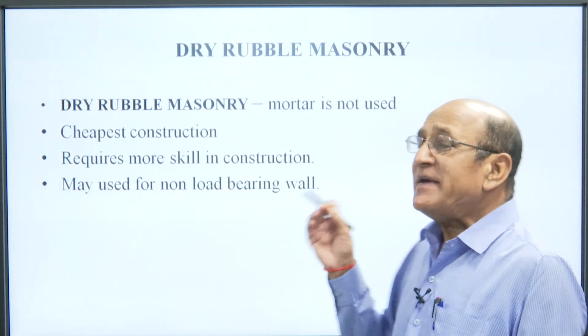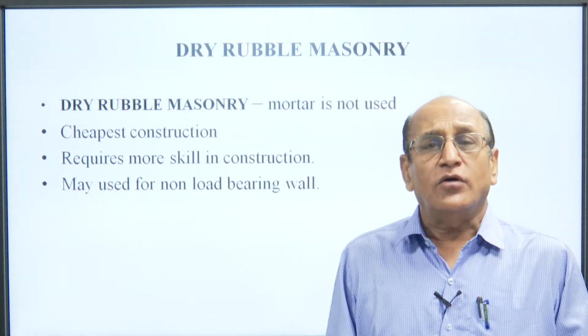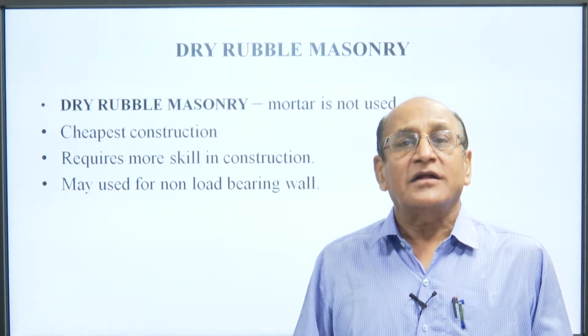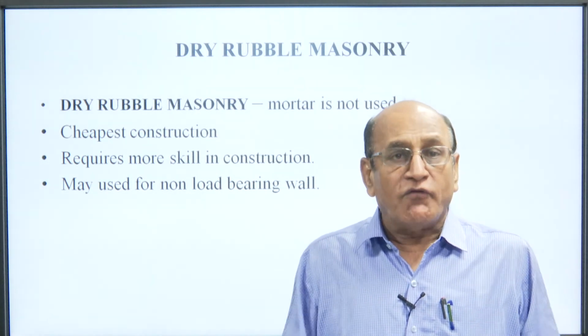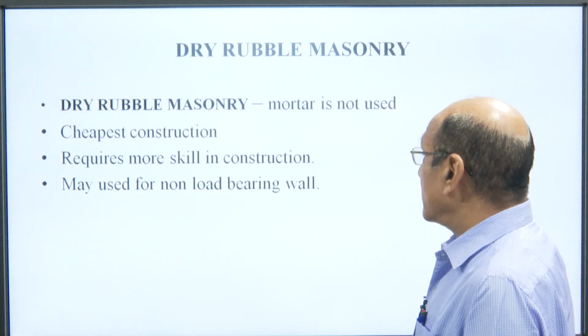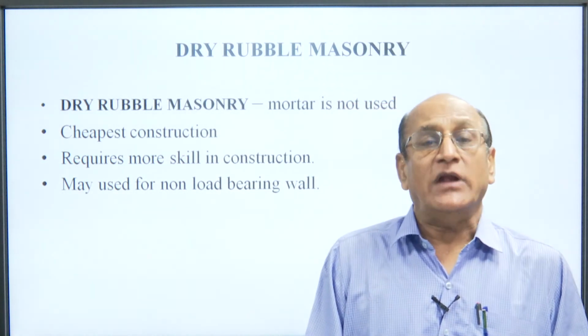It is the cheapest construction because no mortar is used. So, there is no need to prepare mortar or take precautions for good workmanship etc., but it requires more skill in construction, otherwise the whole wall will collapse.